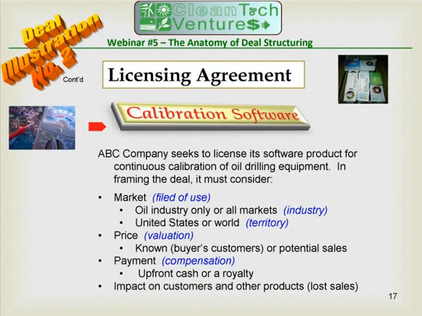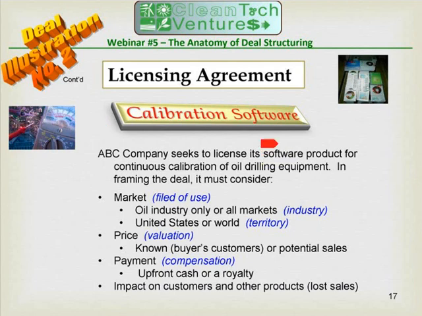The example that I'm using in today's program is kind of a blended illustration of a number of technology transfer deals I've worked with. But here we've got ABC Company, the company who owns the technology, and in this case the technology is a piece of software that allows calibration of oil drilling equipment in the field.